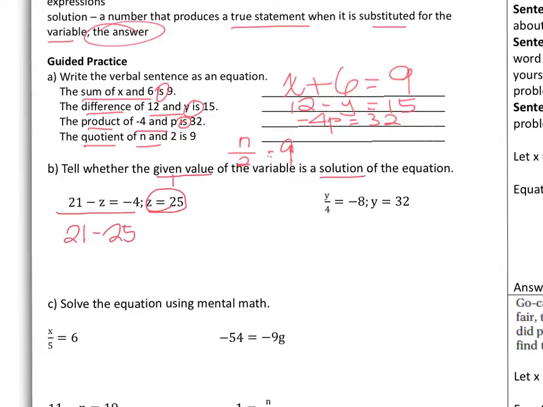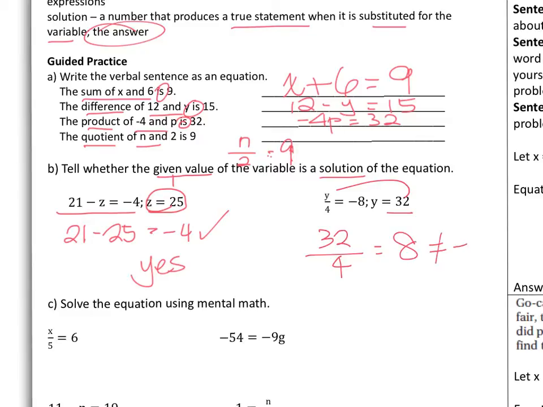Is that equal to negative 4? Yes. So we simply write yes. And here we have y divided by 4 equals negative 8, and y equals 32, and we need to substitute 32 in for y, and that equals positive 8. So that does not equal negative 8. No.